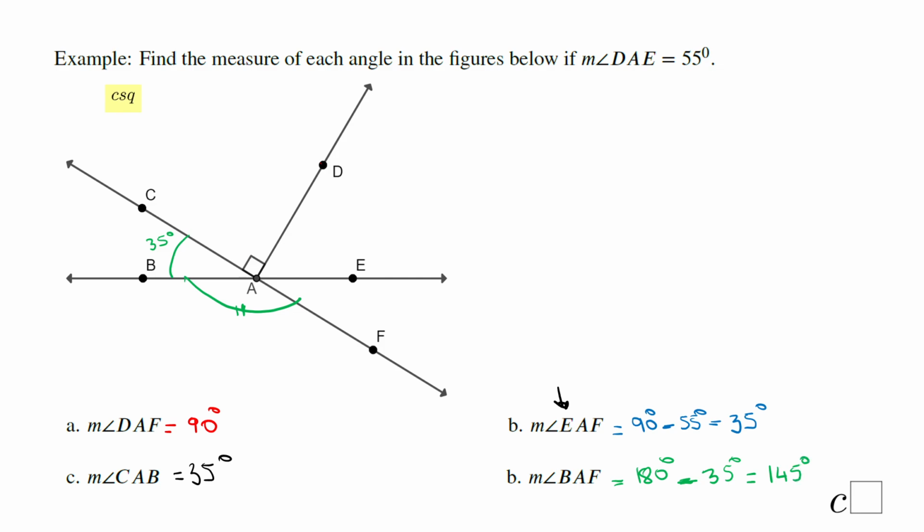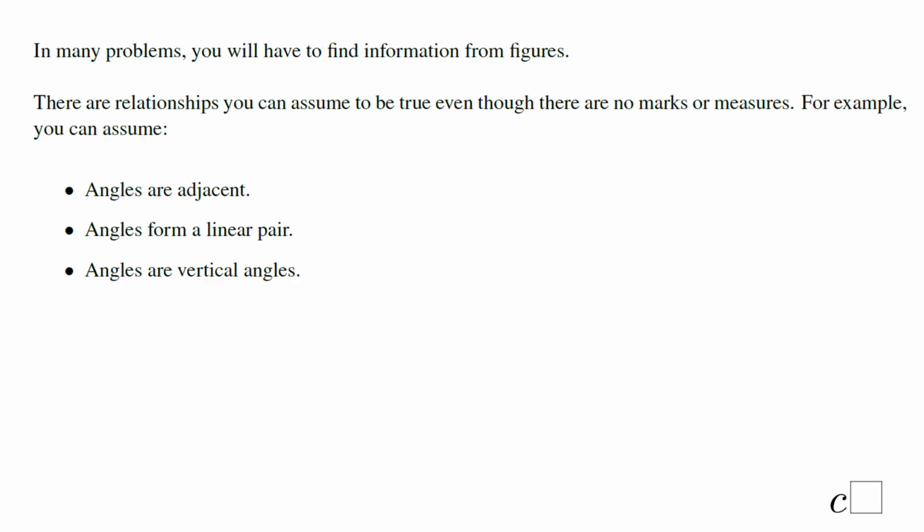Okay, so you see in this problem we use all kinds of relations between these angles: complementary, linear pairs, adjacent, things like this. And now, very important, in any problem you'll have to find information from figures, and there are some things you can assume, like what? Angles are adjacent. You can see that in a picture, you can assume that. Angles form a linear pair, you see that. I used these two things in the previous problem, and also angles are vertical angles.